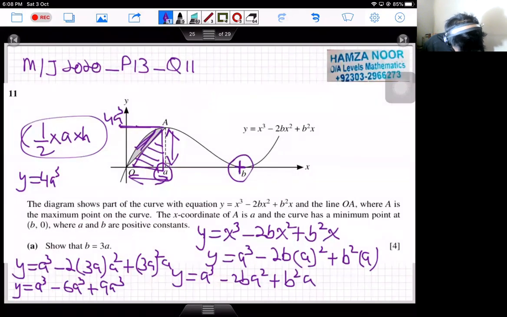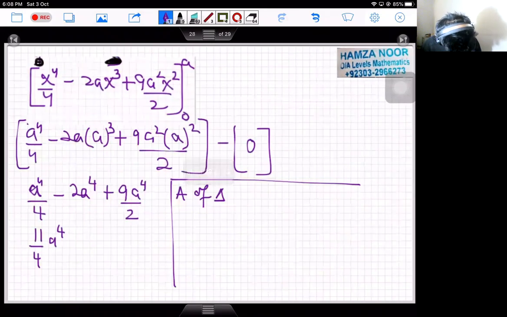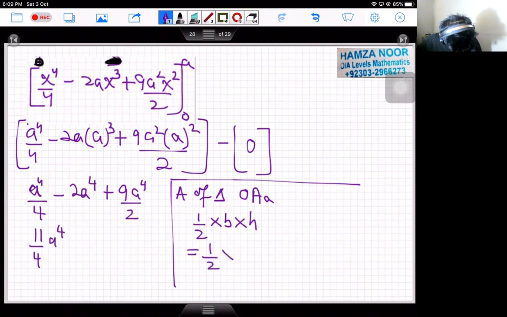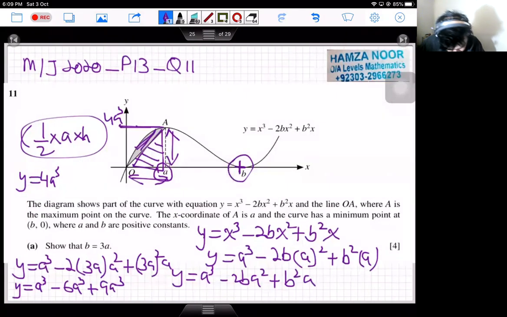O A N A. Okay, you just write it like this, O A and bounded by the line another point A. So half into base into height is the area of this triangle. Base is basically a, 1 over 2 multiplied by a, and height in terms of a is basically how much did it come, 4a cube.